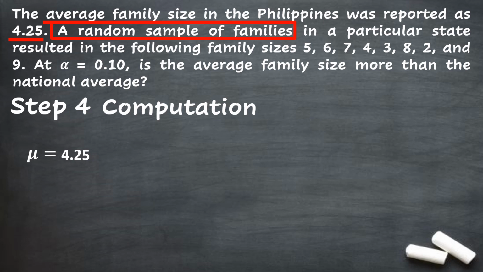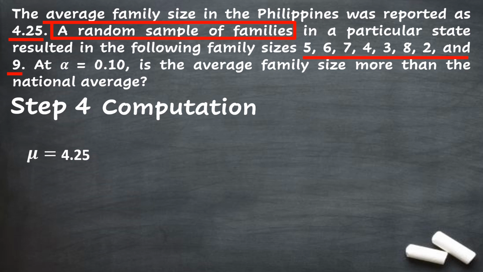In the second sentence, we have the statement as a random sample of families in a particular state resulted in the following family sizes: 5, 6, 7, 4, 3, 8, 2, and 9. If you can see, they did not give us the sample mean and sample standard deviation. What we're given is the raw scores from the sample.